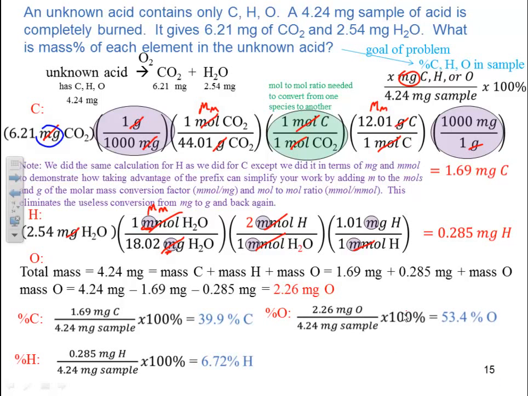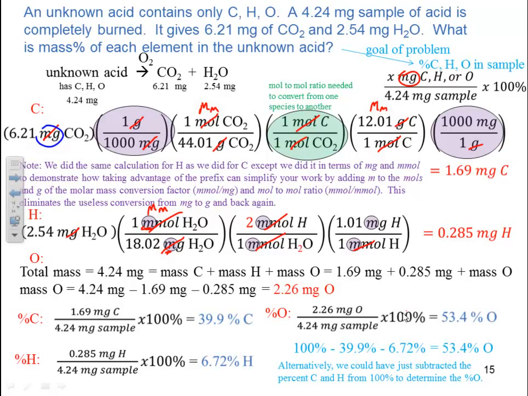Or I could plug it into the equation directly, as I typed right here: 2.26 milligrams divided by the 4.24 times 100 gives me 53.4%. As I said, alternatively, the easier way would have been to take my 100% minus the 39.9 minus the 6.72%, which tells me I got 53.4% oxygen.